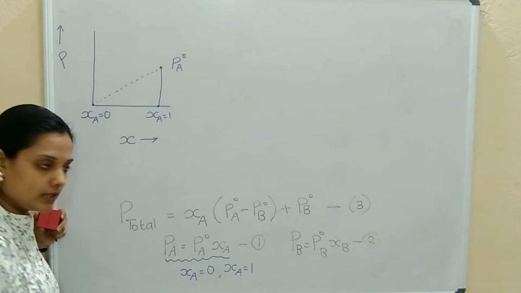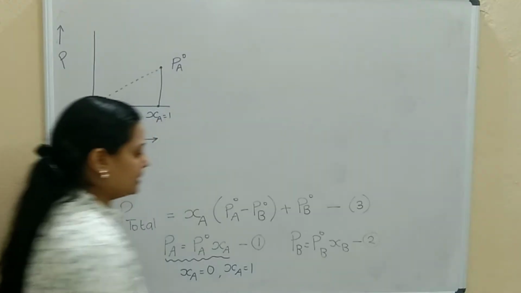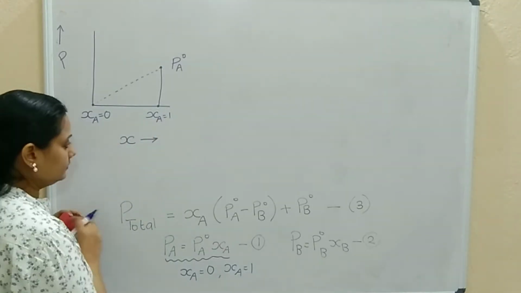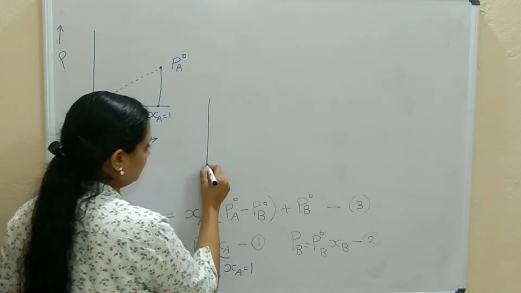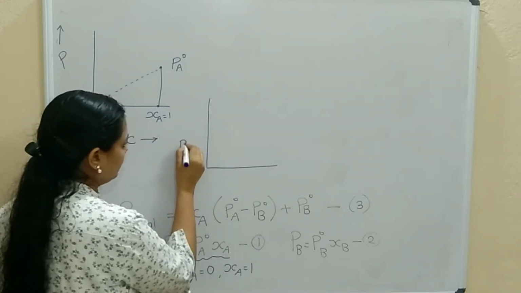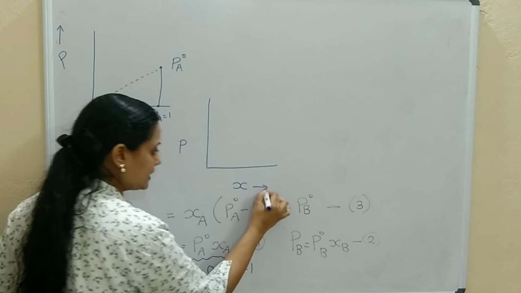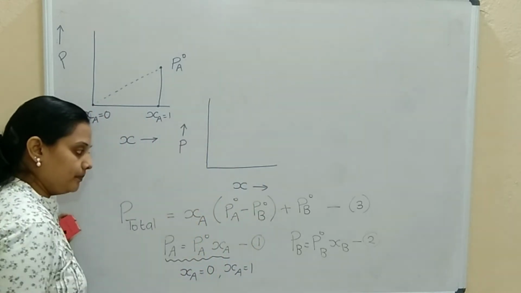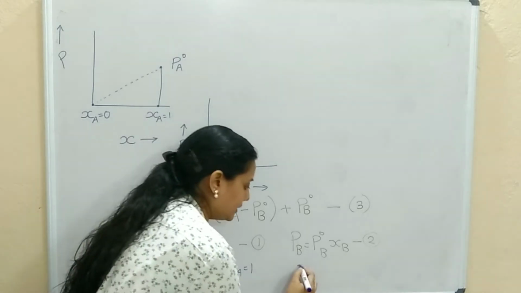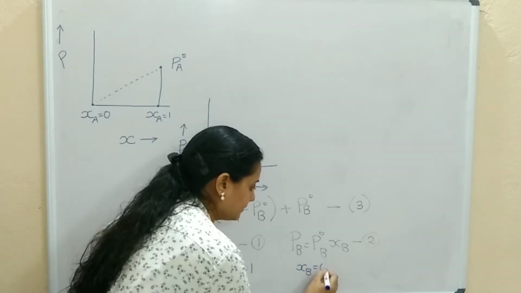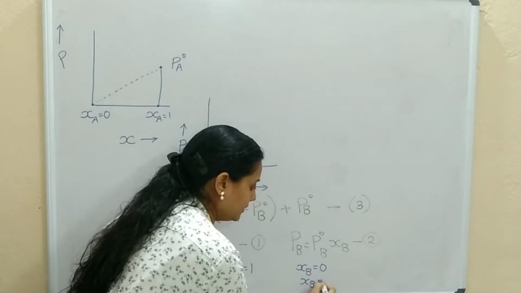Now let's draw the graph for the second equation. Same way, again the same plot: vapor pressure versus mole fraction. Now in the second equation, put XB equal to 0 and XB equal to 1.